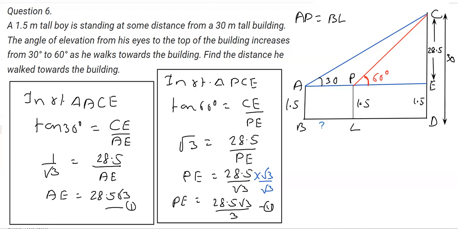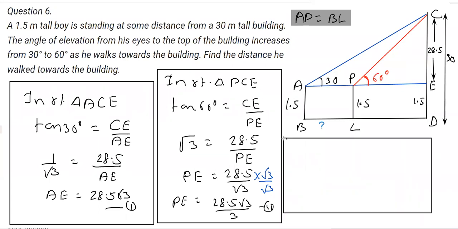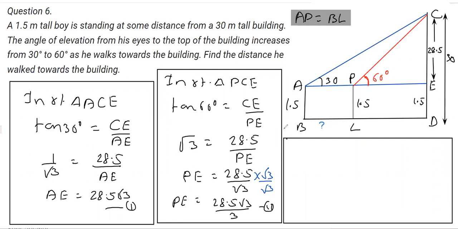As we have already discussed, we have to get the length of AP or BL, and the length of AP as well as BL can be obtained like this. In order to get AP, we can say AP can be obtained as AE minus PE. I'm showing it in the figure. This is what we have to get.